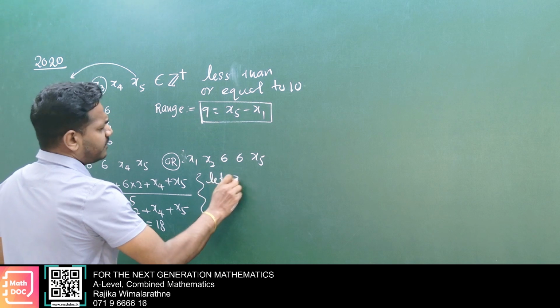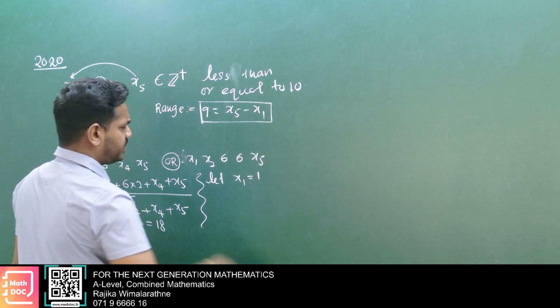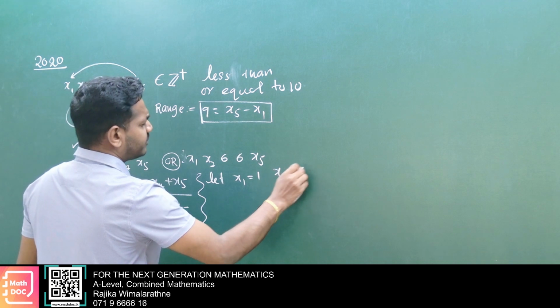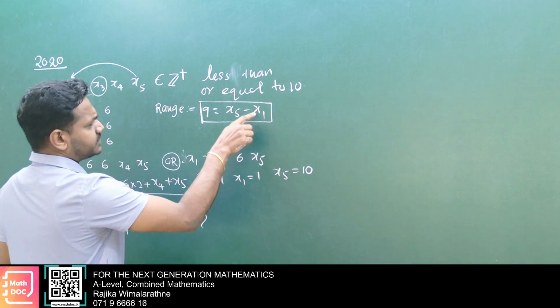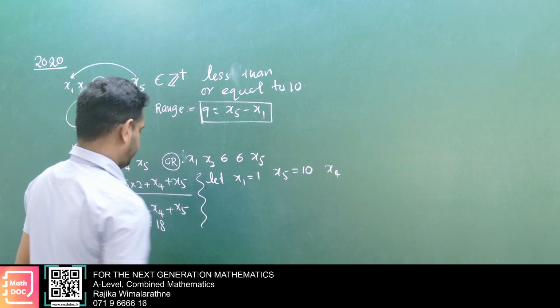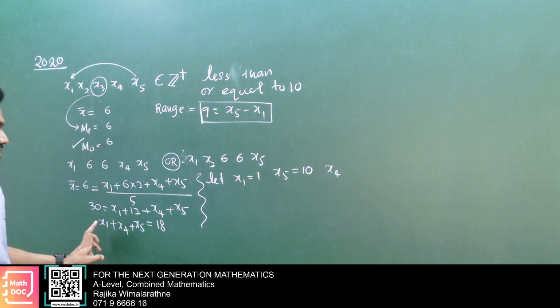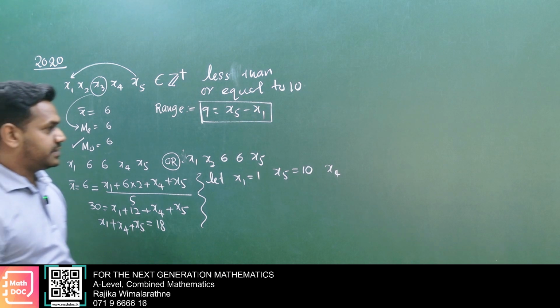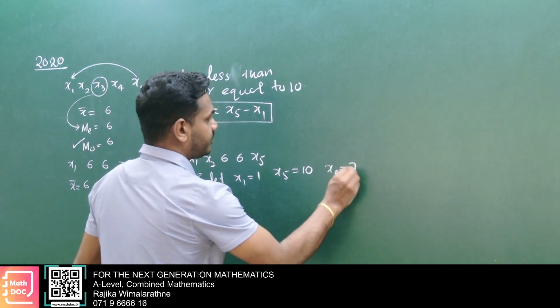Let x1 equal 1, then x5 equal 10. Then the corresponding x4: 1 plus 10 is 11, so x4 equals 7.